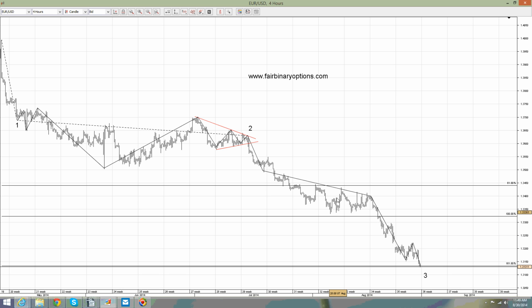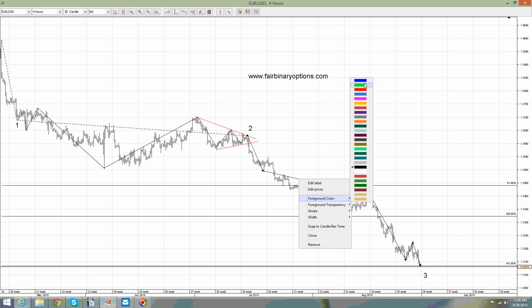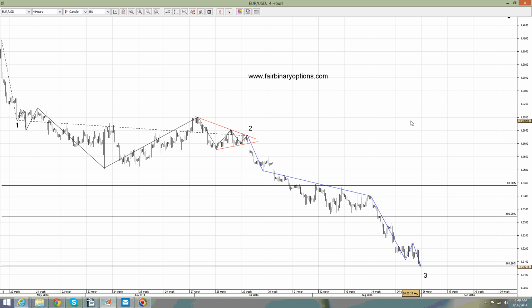Now, the reason why I'm showing you this impulsive move to the downside is to show you the principle of alternation. Take a look at how the second wave here on this impulsive move, how complex it was, and how the fourth wave, how small the fourth wave was here, either like this or like a triangle.